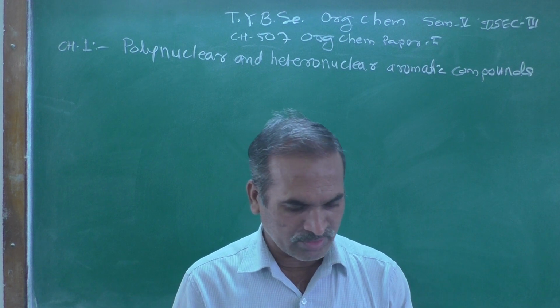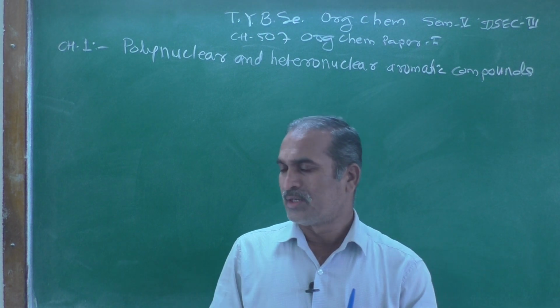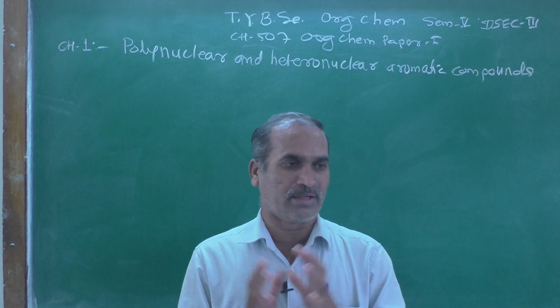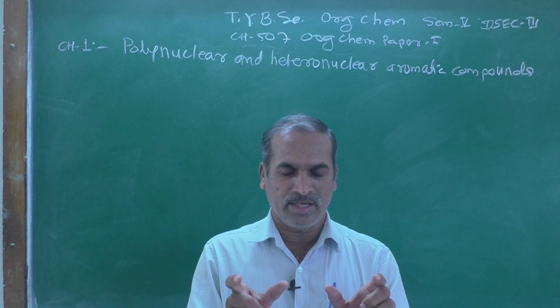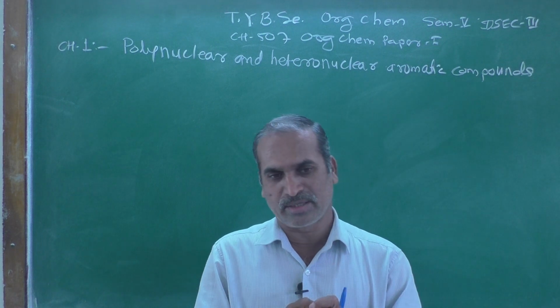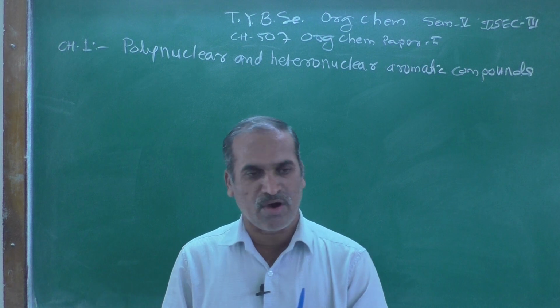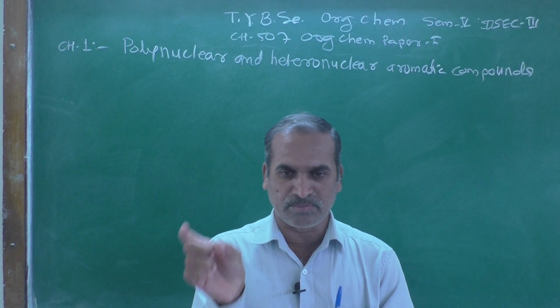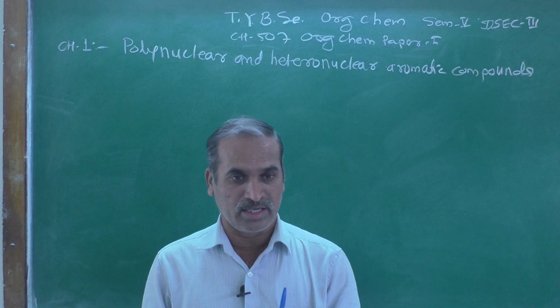In a homocyclic compound, generally the cyclic ring is made up of only carbon atoms, meaning the same carbon atoms, and the rings are formed. That type of compound you can call homocyclic.